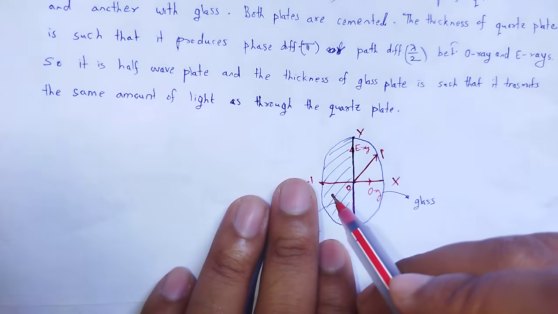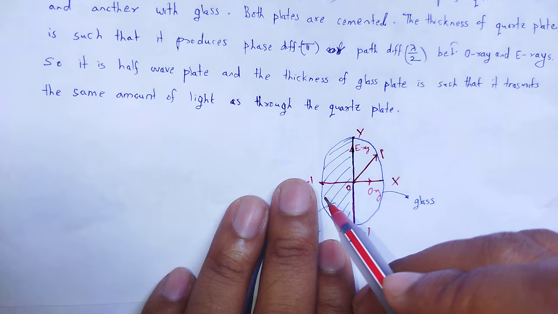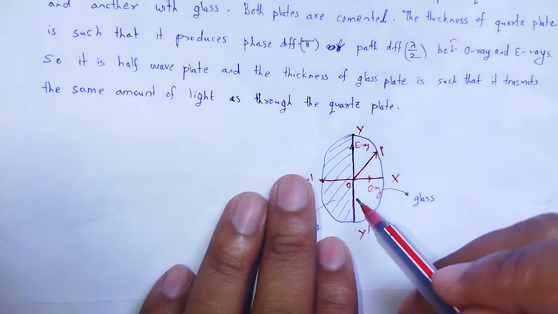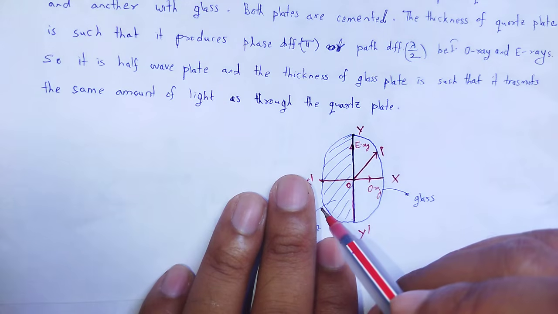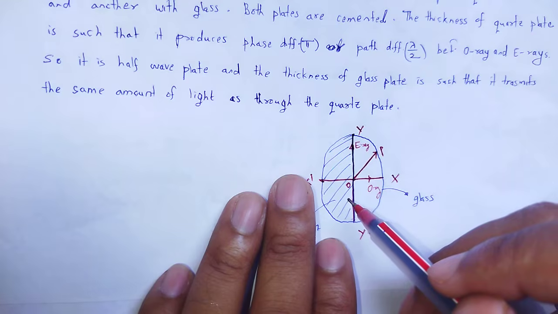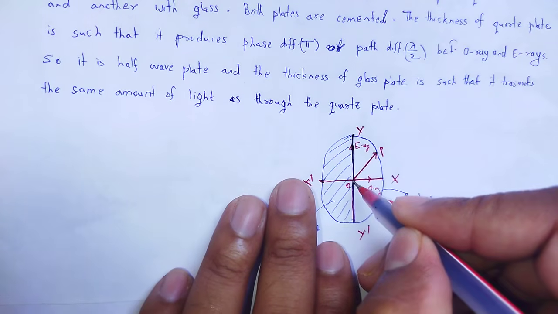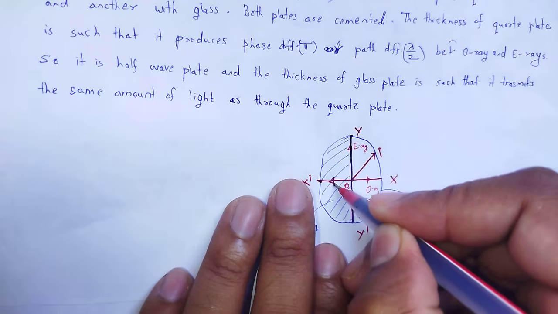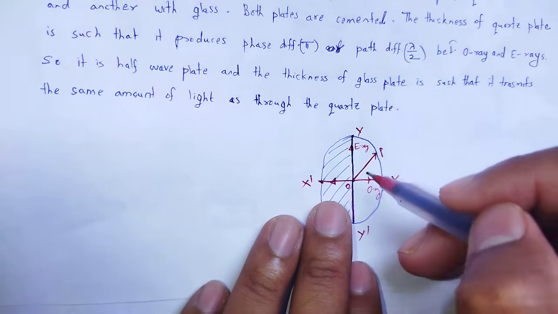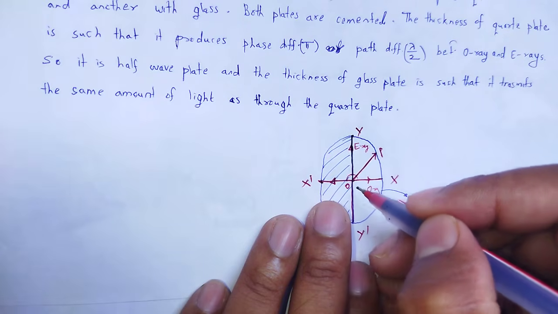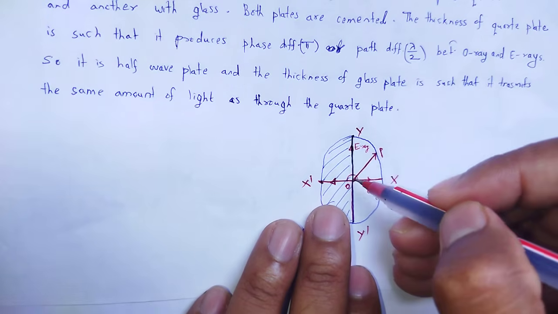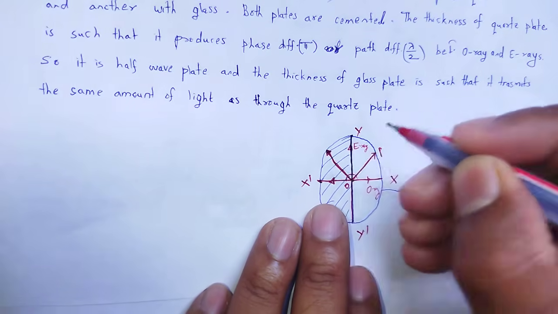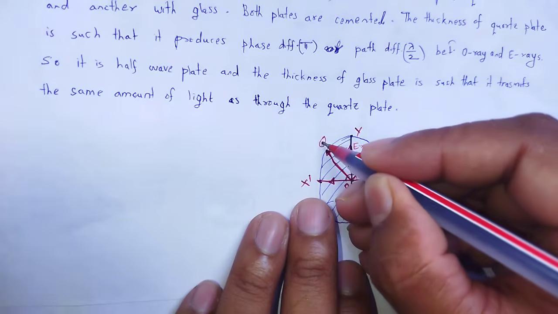In the case of the quartz crystal, it is a positive crystal, so the velocity of the O ray is faster than the velocity of the E ray, and there will be a phase difference of pi. So the direction of the O ray is just like this, and there will be a phase difference of pi. Now the resultant of the E ray and O ray will be this one, OQ.